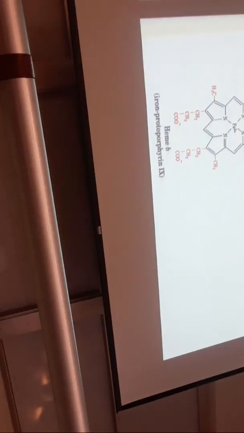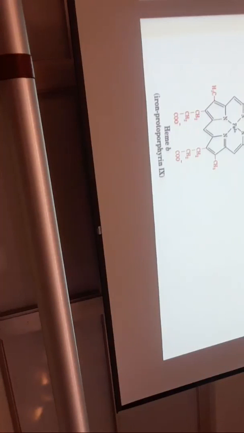Now an even more stable connection between the protein component and the cofactor is given when we deal with heme C, because besides a couple of methyl groups and propionic acid residues, we actually have covalent bonds to cysteine residues coming from the protein. So these are 2 covalent bonds that hold our heme in place in these heme C containing proteins.